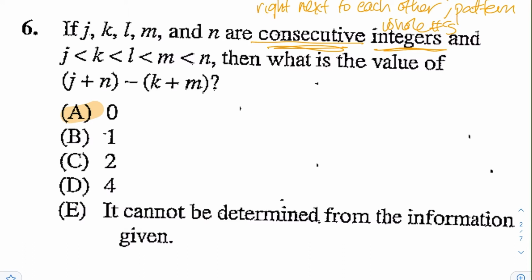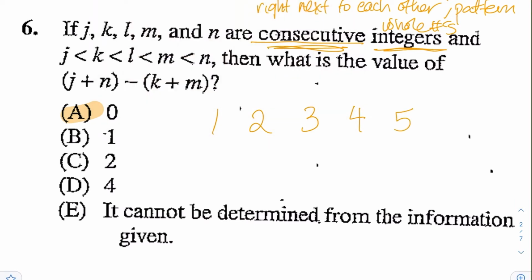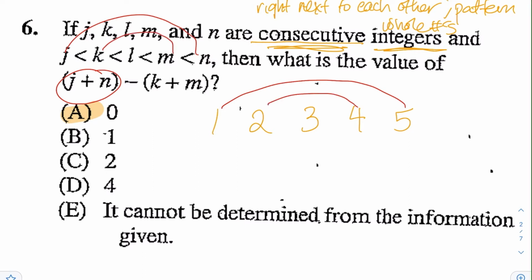But when you have consecutive integers, you can just model them using small ones, like 1, 2, 3, 4, 5. They're really manageable. If you actually line them up such that you pair j plus n, the biggest and the smallest, and then the second biggest and the second smallest, you actually see that this is a shortcut of adding these numbers. 1 plus 5 is equal to 6, the biggest plus the smallest. The second biggest plus the second smallest is also equal to 6, and that's not a coincidence.